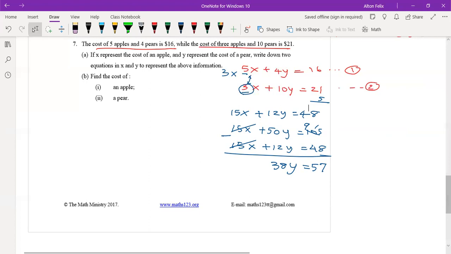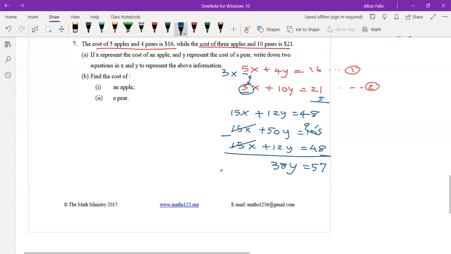Right, so let's do the subtraction using the calculator just to double check these numbers. So 105 take away 48. Yes, it is 57. And 50 minus 12 is 38.